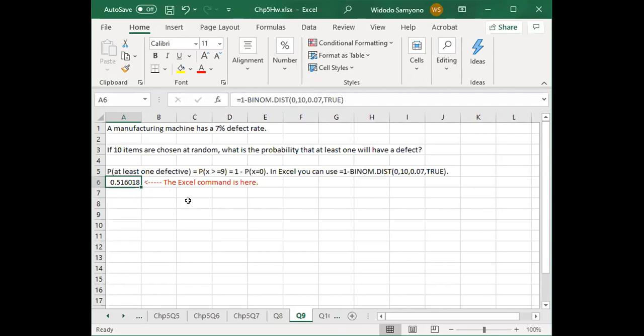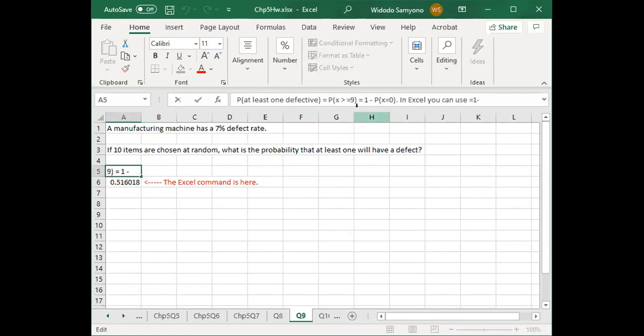Yeah, I think I made a mistake. I don't know, maybe somehow it changed. So this one should be greater than or equal to 1.